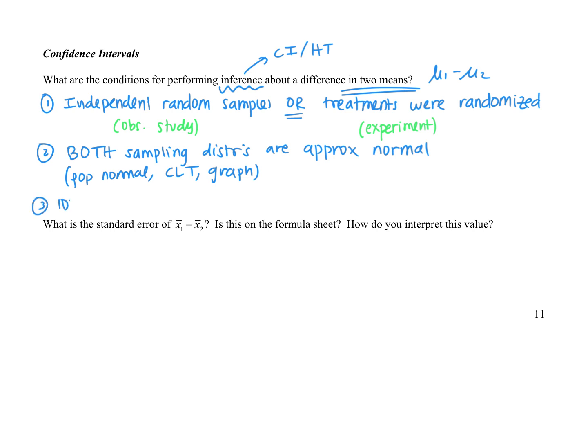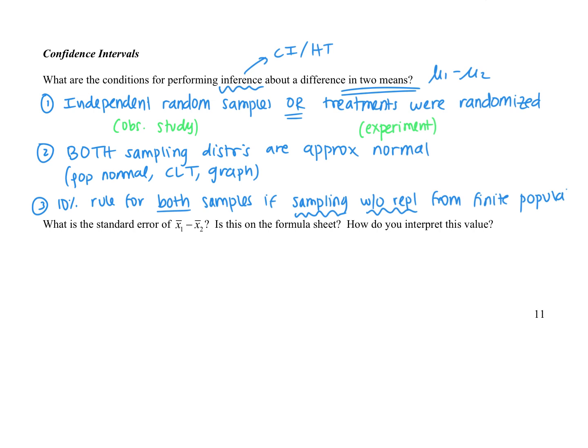And lastly, you would need to check the 10% rule for both samples if the three things we talked about last class apply, if we are sampling without replacement from a finite population.